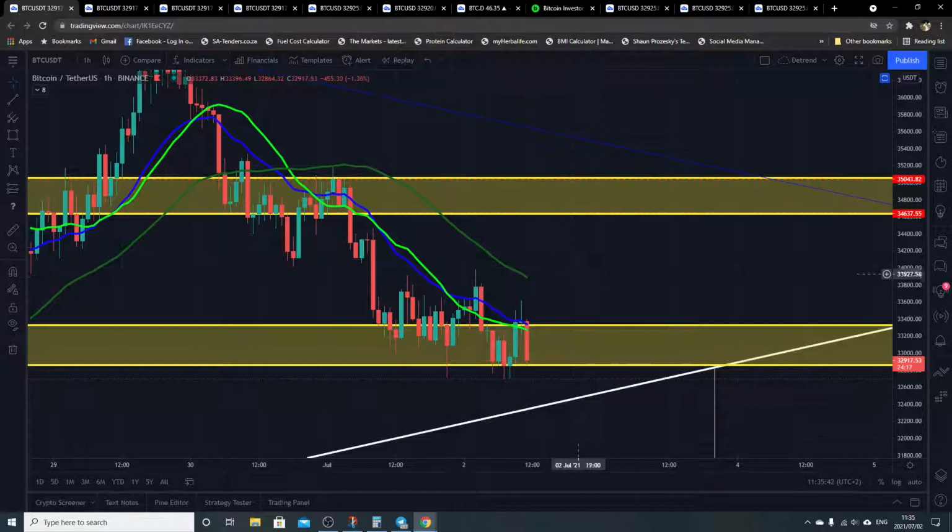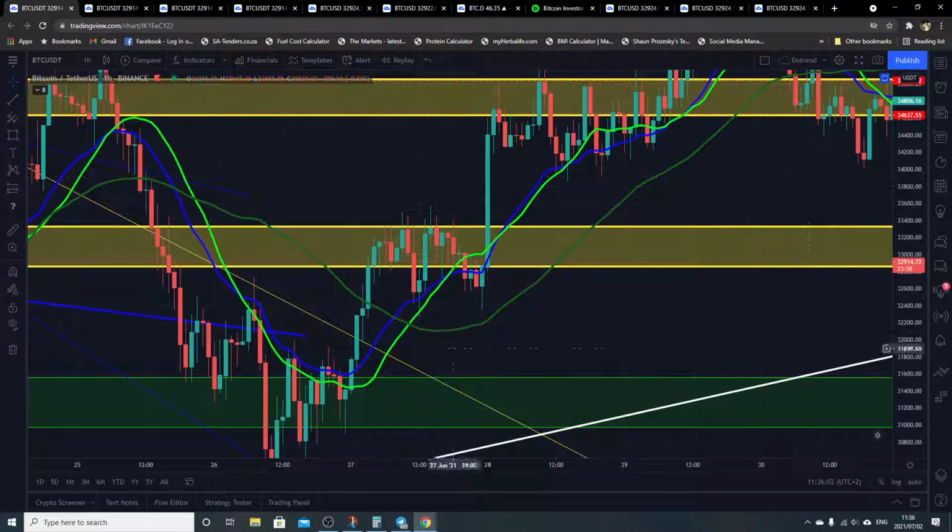So this is what I'm seeing now. The 21 EMA is now pointing down. It should be pointing upwards, and we get this nice big long candle here, which is still 24 minutes to go on the hour chart. And it's bouncing off resistance here, guys.